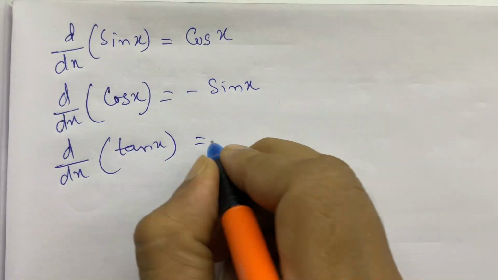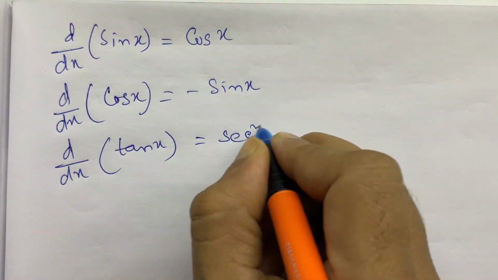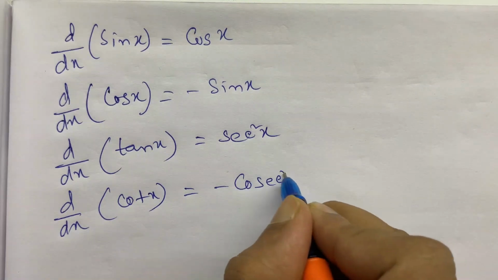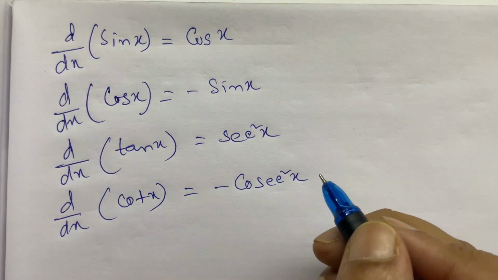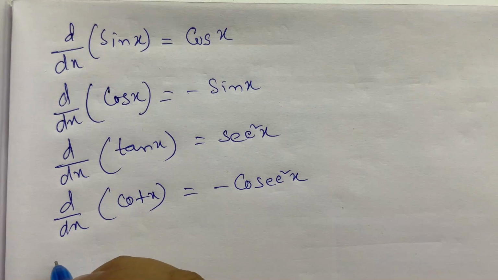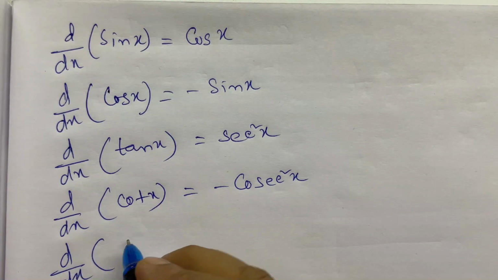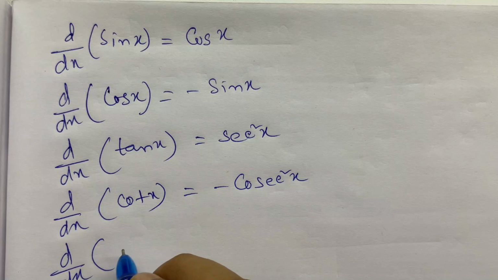Tan x is sec square x. Cot x is minus cosec square x, and d dx of sec x.